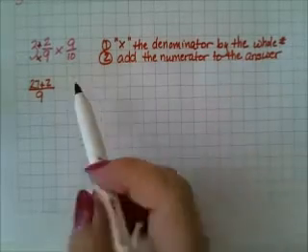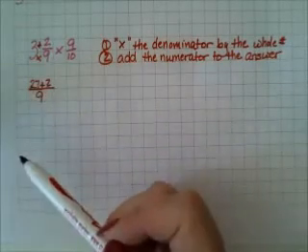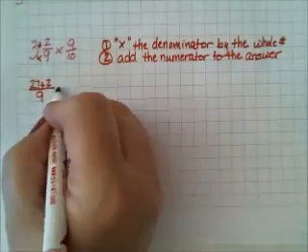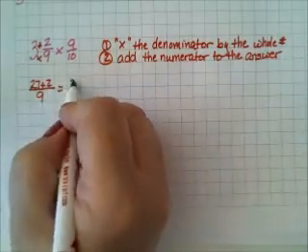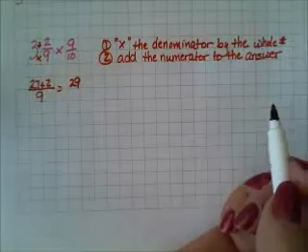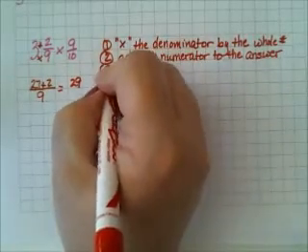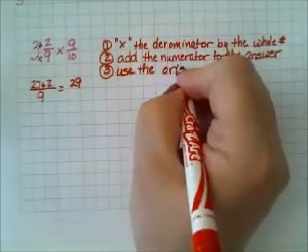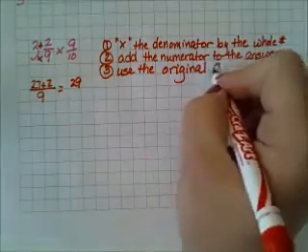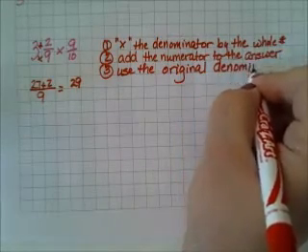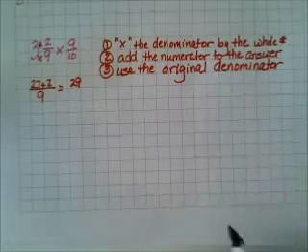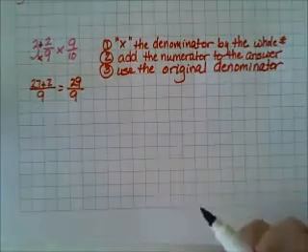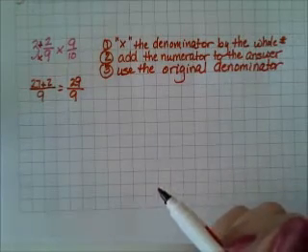Our answer of 9 times 3 was 27, and now we add our numerator to that. 27 plus 2 is 29. And then, oops, I forgot: use the original denominator. So again, I had already put it down there. So now we have 29 over 9.